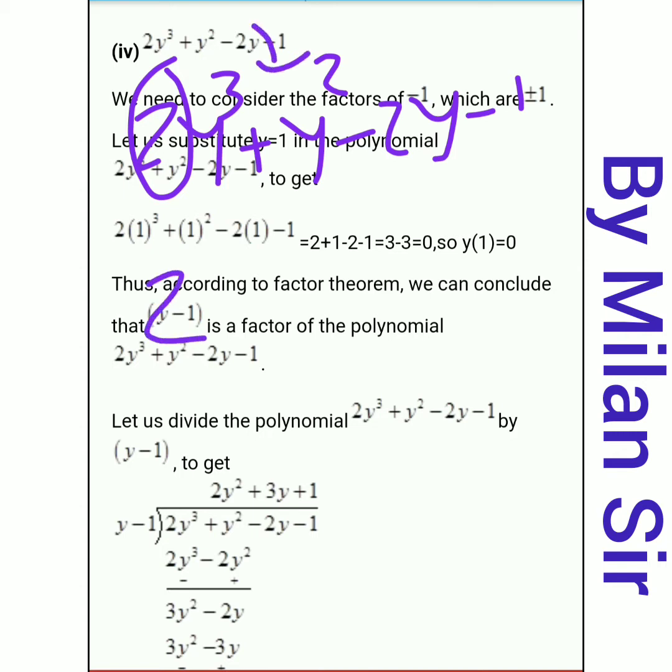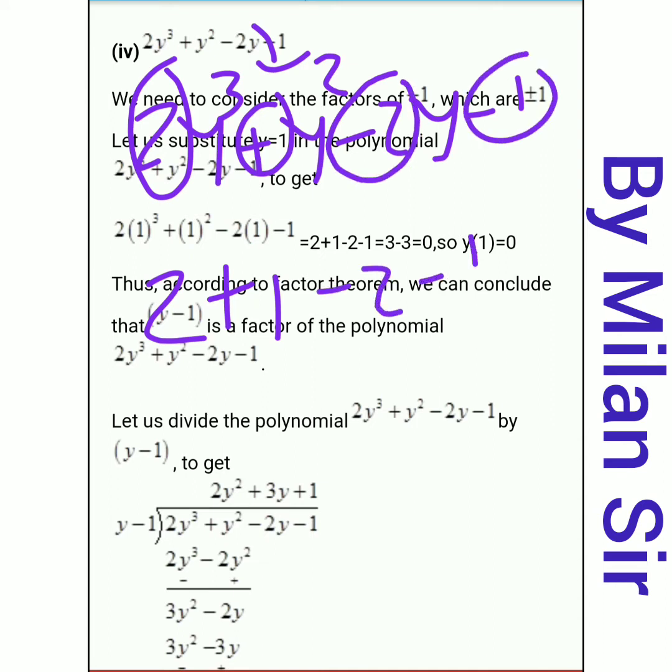Here in y square the coefficient is plus 1. Here minus 2, and the constant term minus 1. So plus 2 minus 2 cancel, plus 1 minus 1 cancel, equals 0. That means the sum of coefficients is equal to 0.